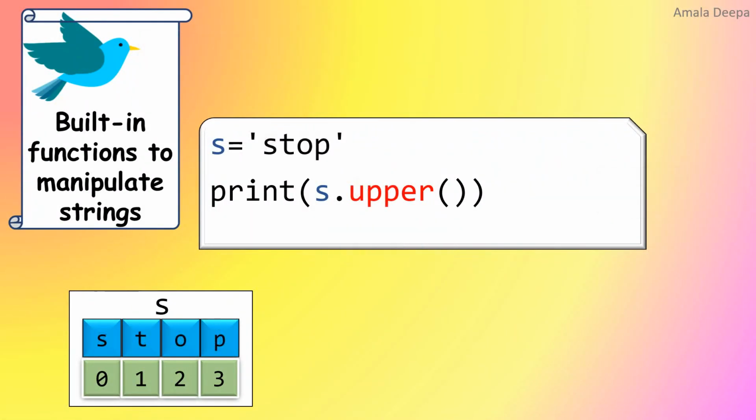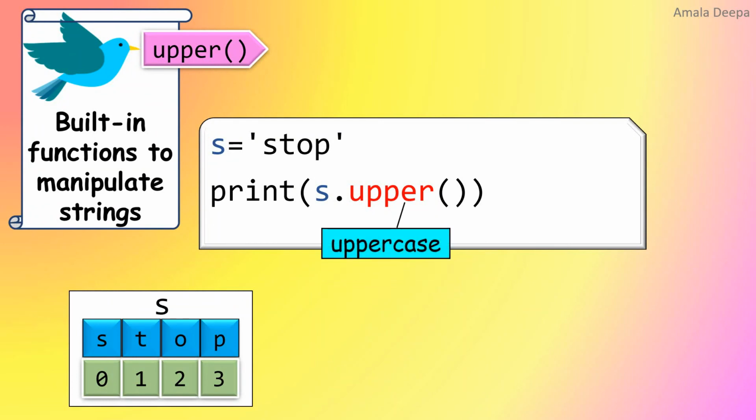Next is the upper function. So S is equal to stop. So you can see that all the characters in the string stop are in lowercase. So print S dot upper will print the string with all characters in uppercase, S-T-O-P.